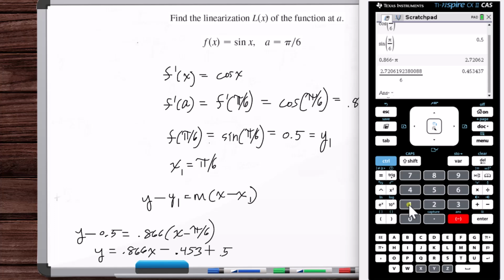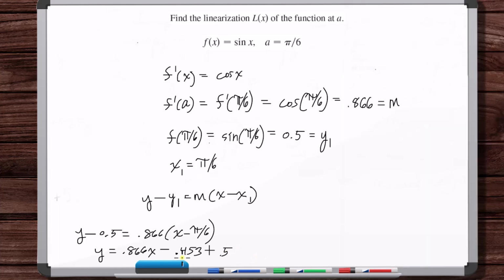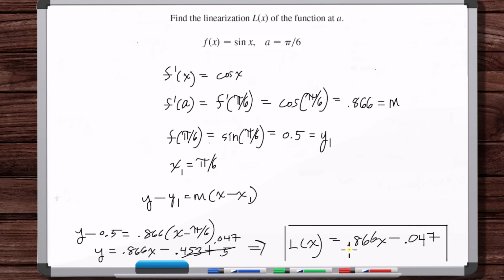So 0.453 minus 0.5 is minus 0.047. So L(x) is equal to 0.866x minus 0.047. Okay, that's L(x). Again, what is this? This is just the equation of the tangent line. It's tangent to sine of x at this point.